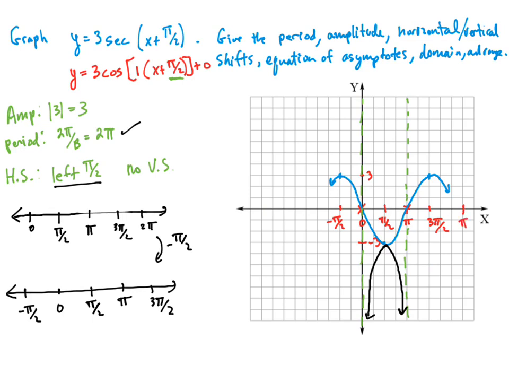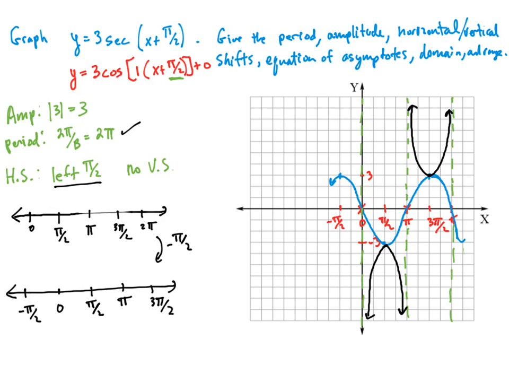So we have an asymptote at pi, because that's when the graph is going to hit 0 again. Okay, I guess I did that too big here. So we're going to have an asymptote here, at pi.